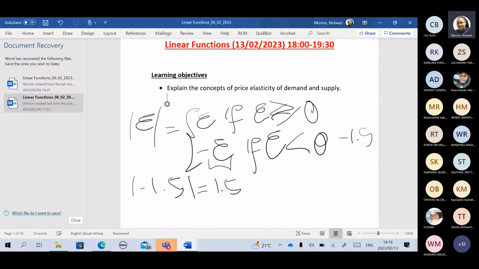And again, if you calculate the elasticity of demand and you get a positive 1.5, then the absolute value of 1.5 is equal to 1.5. Okay.